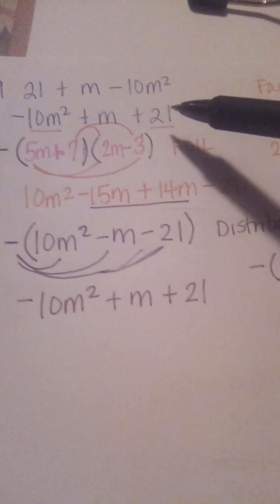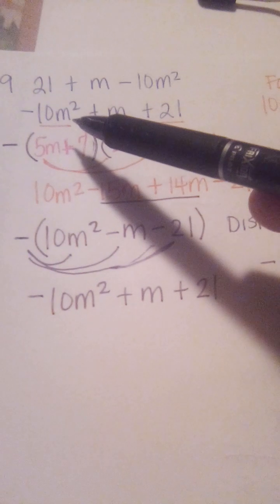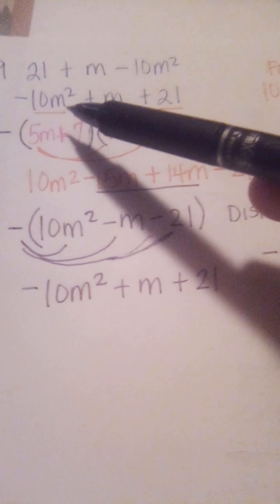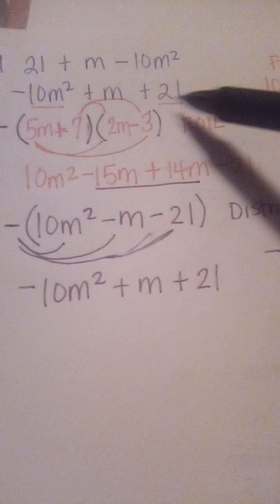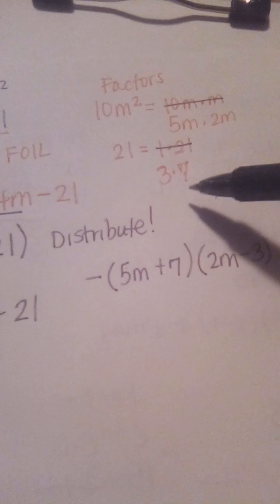When you see this problem again, like the previous problem, make sure you reorder the equation. And then once you reorder the equation, you do the factors of 10m squared and 21, which are on my right side.